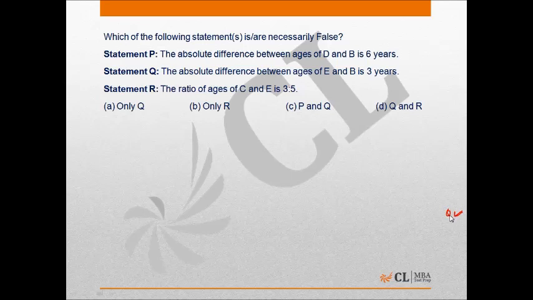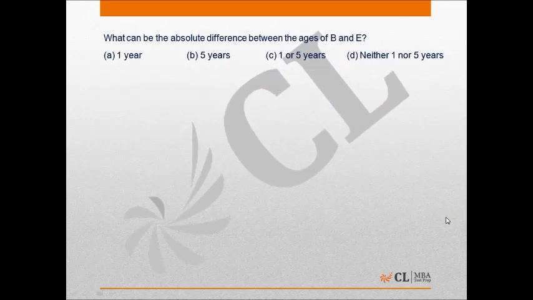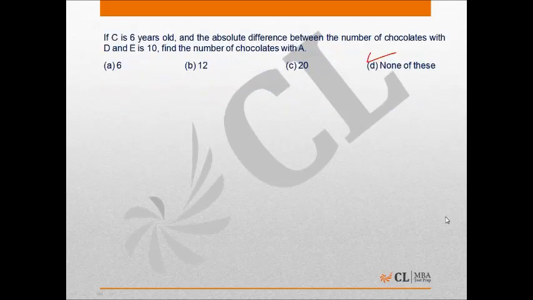Now move to the next statement. It says the ratio of ages of C and E is 3:5. Let's check this also.